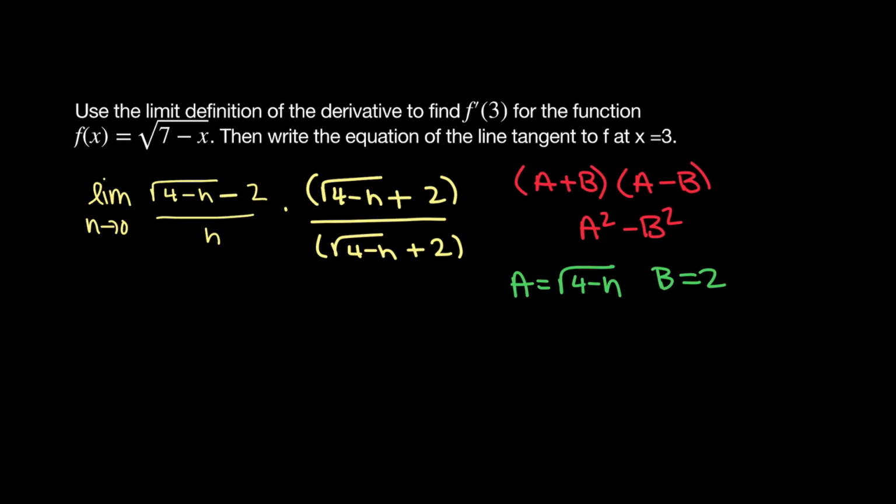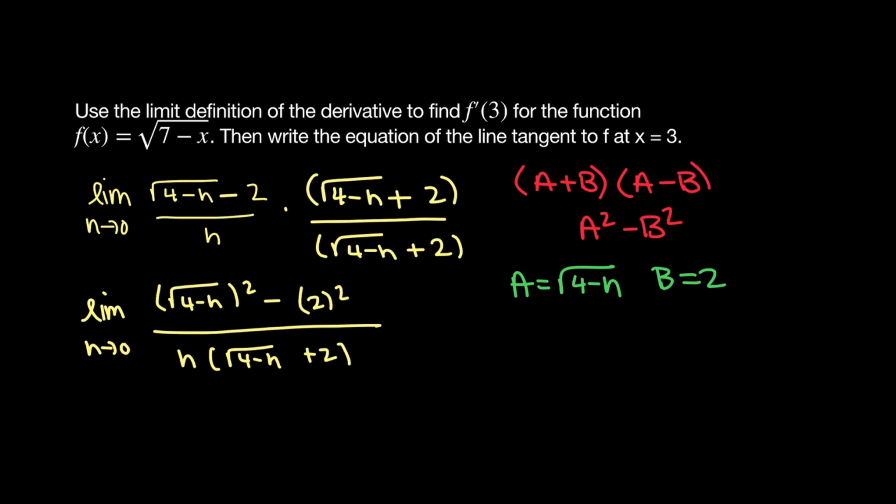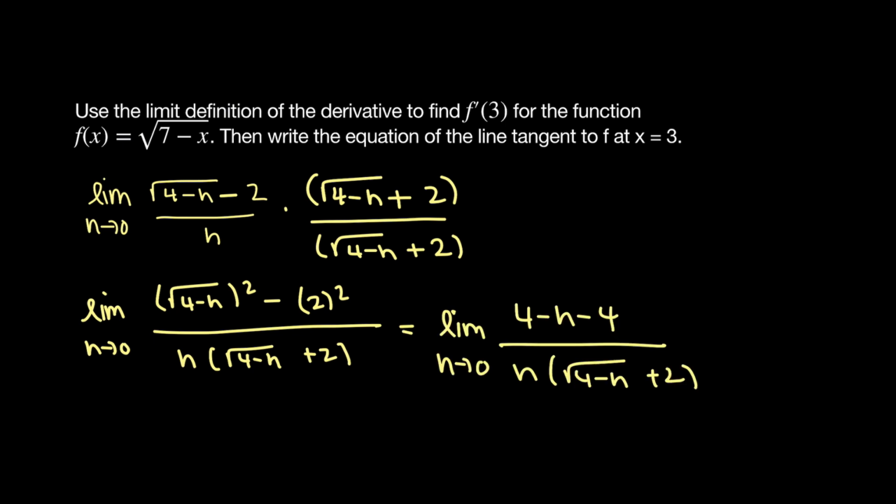All right, we multiply by the conjugate because that allows us to use our difference of squares formula. We have something of the form (a plus b)(a minus b), where a is my square root of 4 minus h, and b is 2. When we multiply those things together, we should get a squared minus b squared, or root 4 minus h, squared, minus 2 squared.